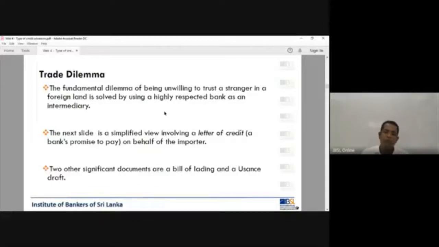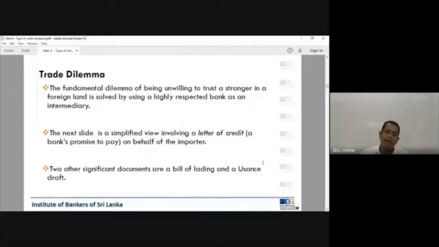All this credit risk comes because we can't trust a stranger. So when a bank comes in between, this dilemma of not being able to trust the other party will be solved. So we'll see what the LC is.